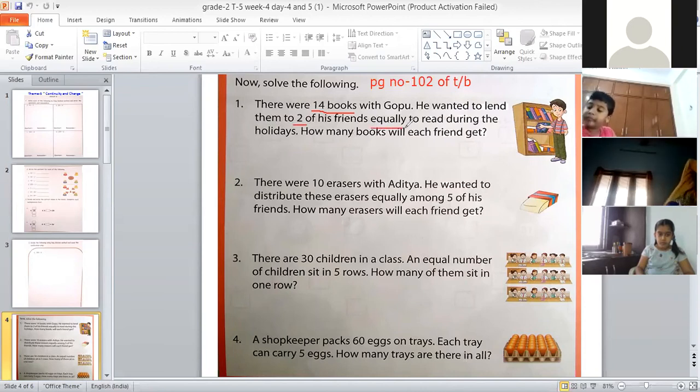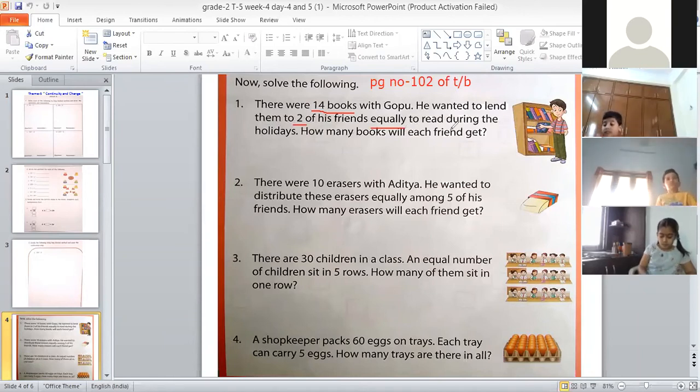Equally means, I have told you, division means equal distribution, when we divide something or distribute something equally. So this means we have to divide. To read during the holidays, how many books will each friend get?